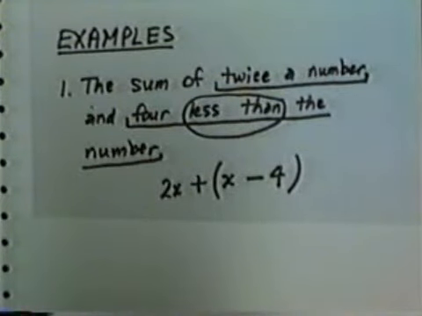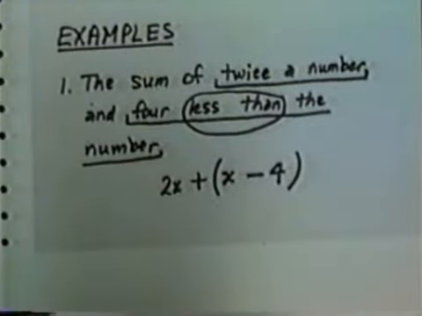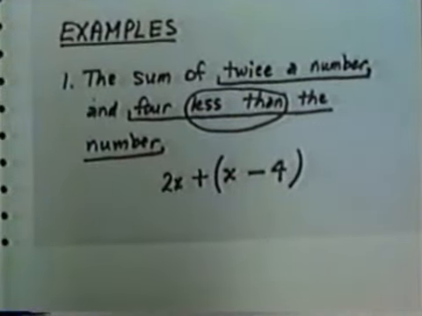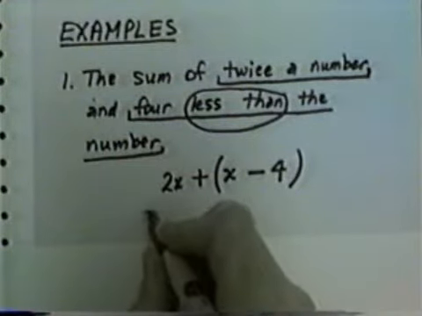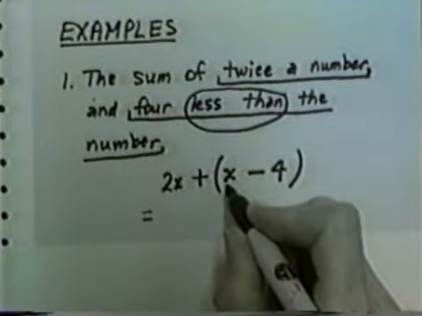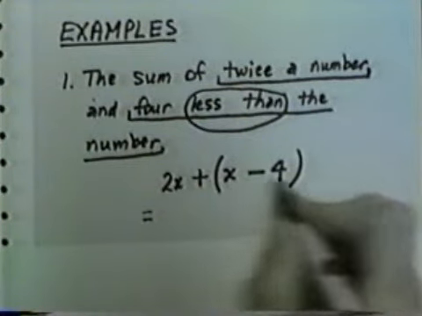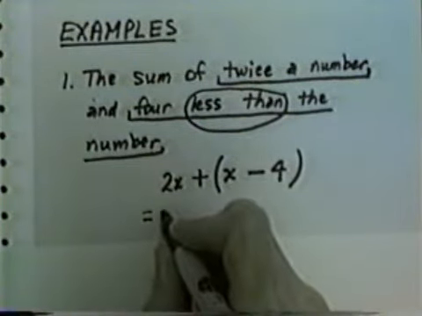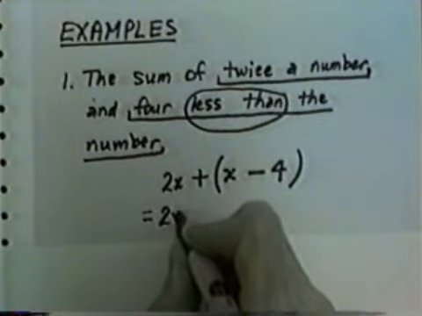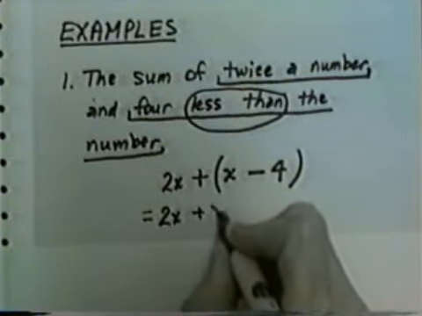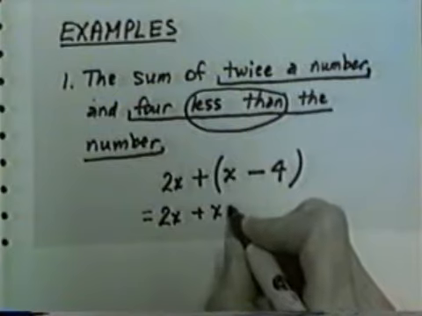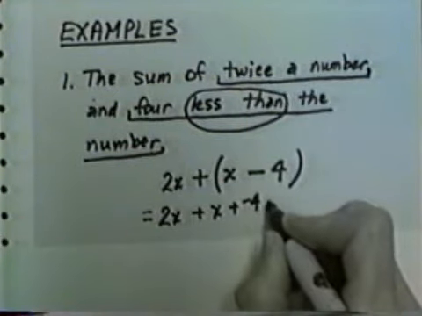Now we are to simplify that answer. And 2x plus the expression x minus 4 can be written without the parentheses because this is a plus sign preceding the parentheses. There is no coefficient other than an understood 1. So we get 2x plus x, subtract 4 or add negative 4.